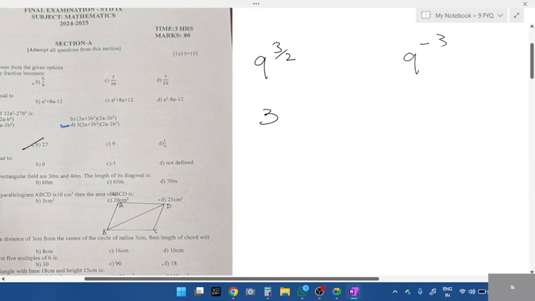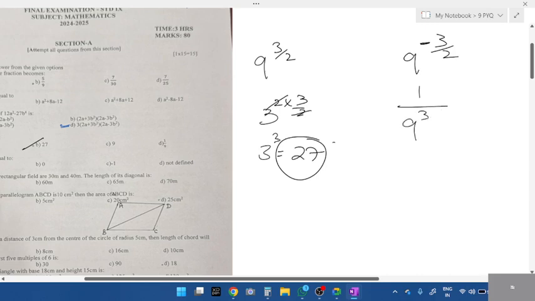What if it was minus 3 by 2? See, if the power is negative, it is just 1 by 27. You don't have to solve it. If it is negative, how will you make it positive? 1 by 27.